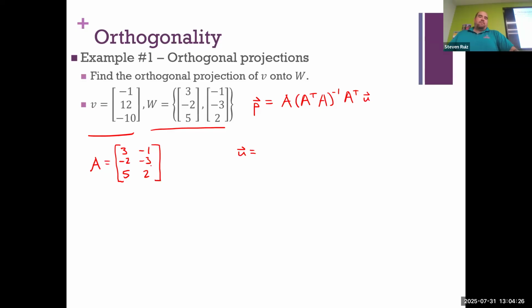And let's just make this easier. Let's call this thing V. I'm trying to find the thing spanned by A that comes closest to V.